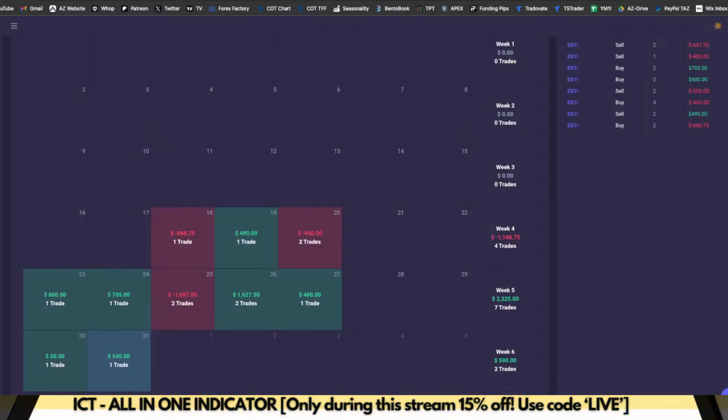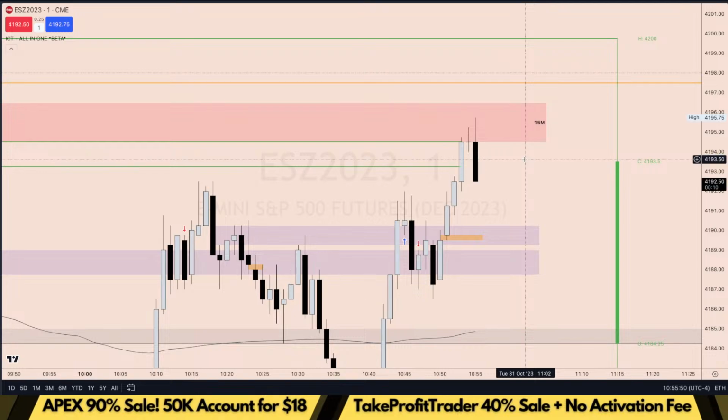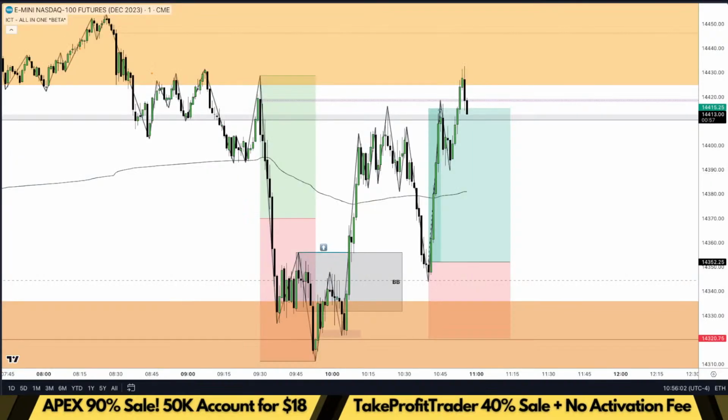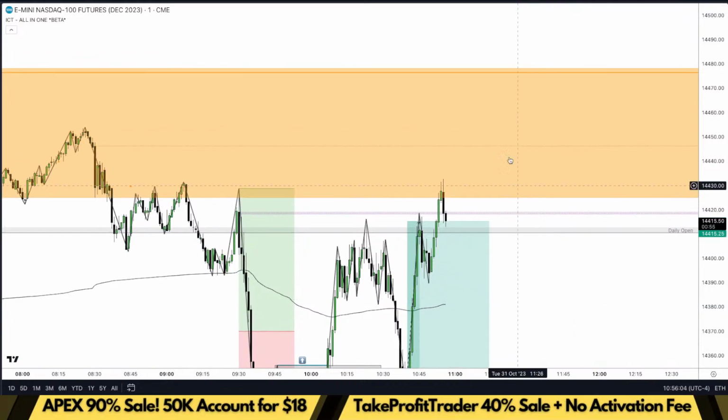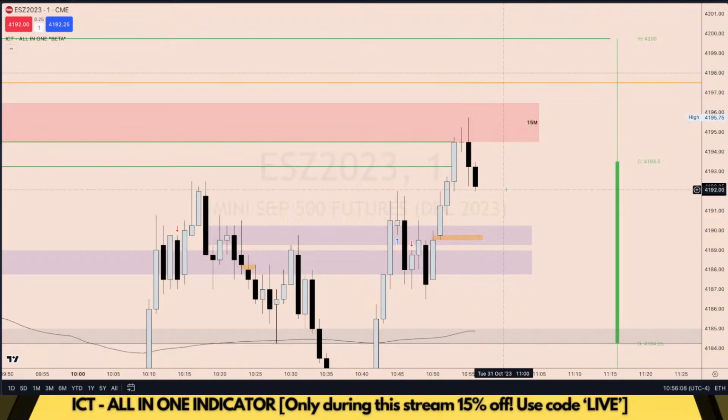Yep, that's done. We hit the 15-minute bearish fair value gap after taking all the buy side, and we immediately get a rejection from this level. Daily volume imbalance.